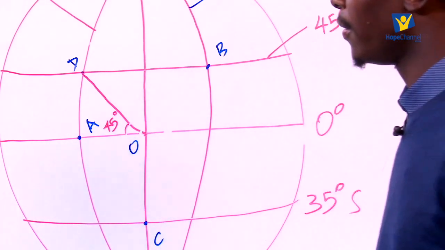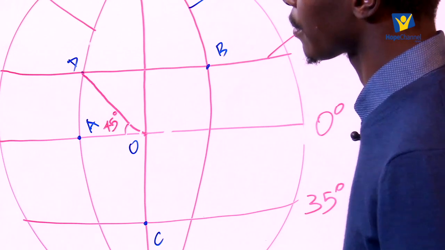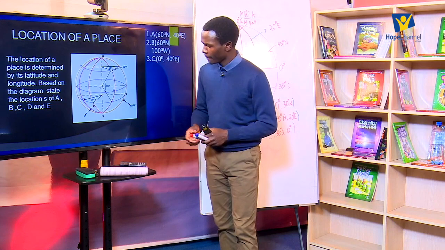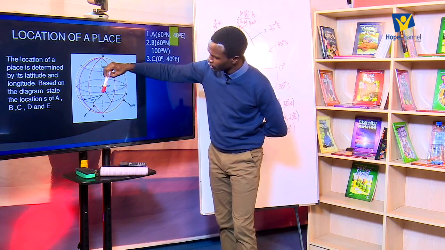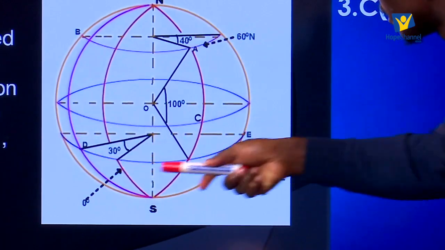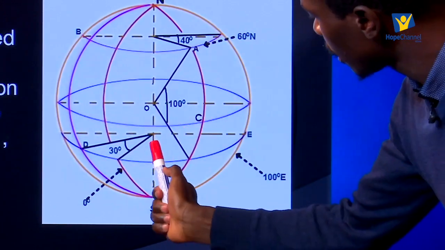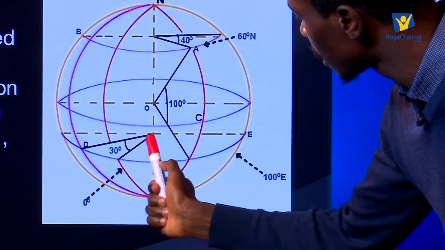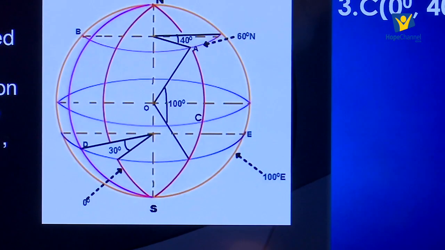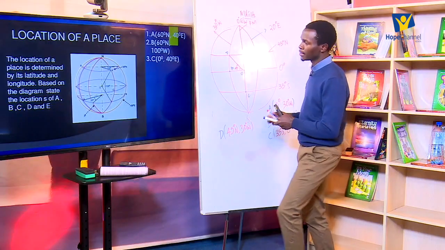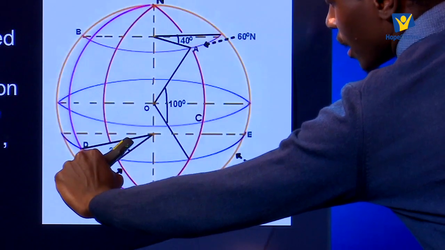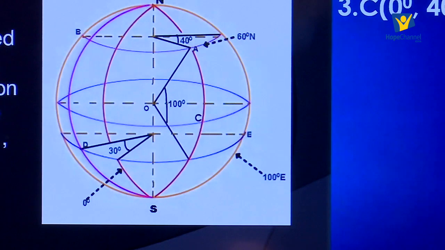And if we are talking of the longitude, look at this diagram here. Because it has an angle that is 30 degrees from the center to the west, that is what I'm talking of as part D. This angle made between the center and the line joining that point, that is the one I'm talking about as 30 degrees.